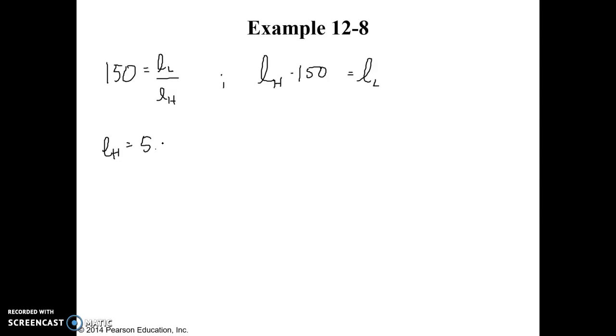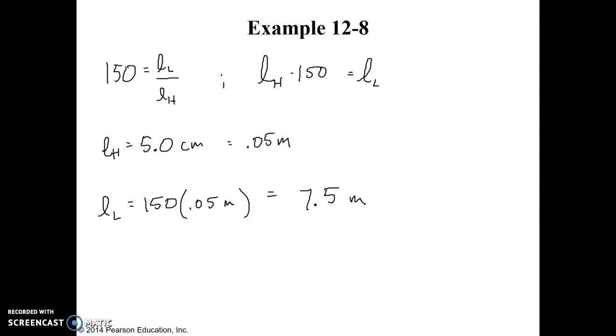We've got 5.0 centimeters, which would be equal to 0.05 meters. So the length of the lowest string on the piano would have to be 150 times longer than 0.05 meters. And 150 times 0.05 gives us 7.5 meters.